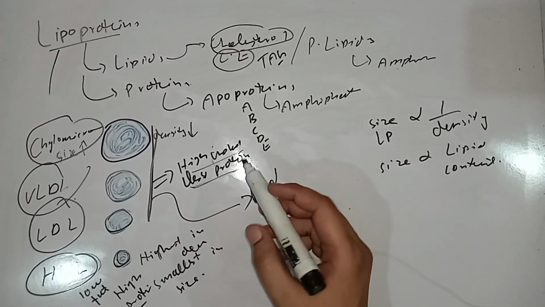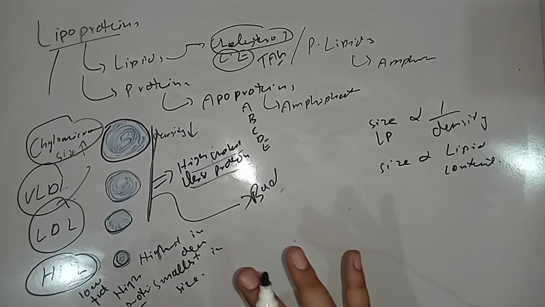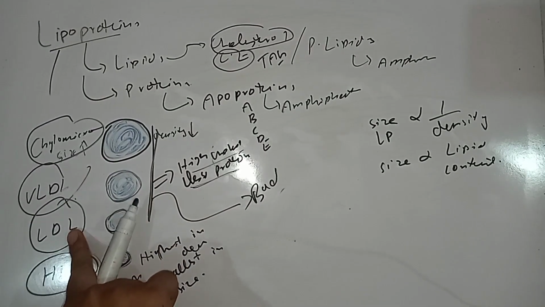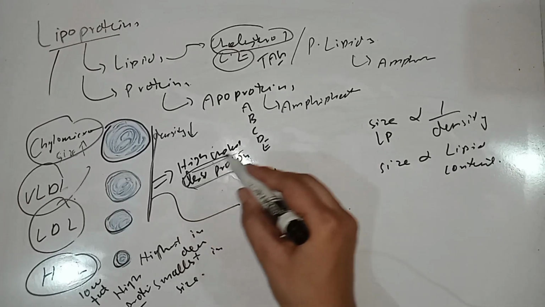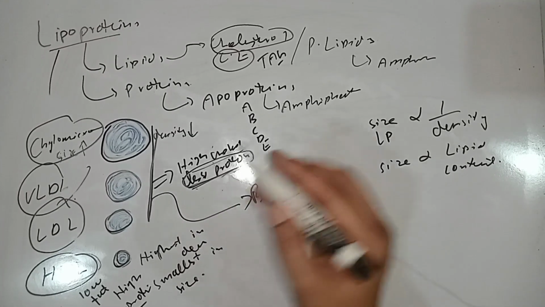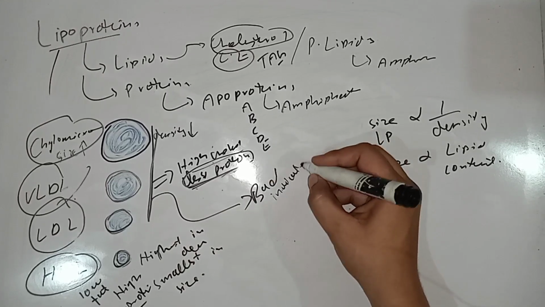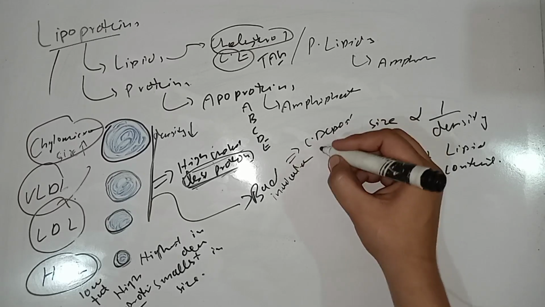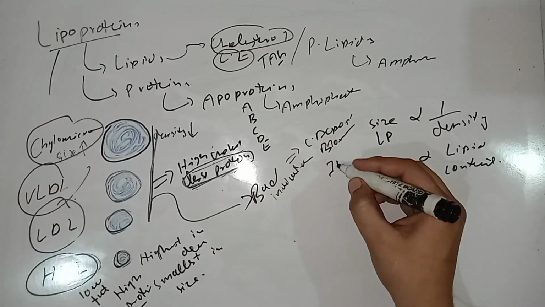It means that they cannot efficiently transport cholesterol. So if there is increased very low density lipoprotein or low density lipoprotein, it means that cholesterol is present in the blood and is not being efficiently solubilized because their protein content is less. So these are bad indicators of health, and they lead to cholesterol deposition in blood vessels, causing atherosclerosis and ischemic heart diseases.